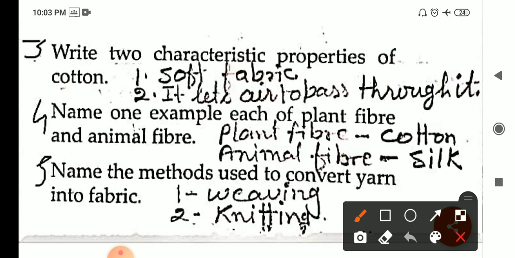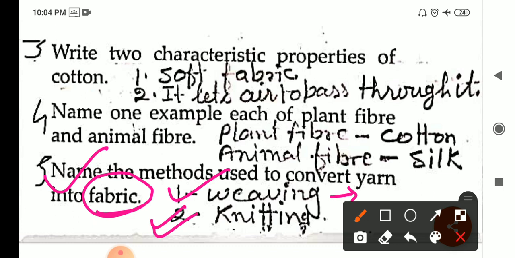Now, next is name the method used to convert yarn into the fabric. Yarn can be converted into the fabric, meaning cloth, by two ways. Either by weaving, which is done in hand looms or in power looms. Hand looms are the ones we run by hand, and the second, power looms, with the help of a machine, from which cloth is made. Then second, it may be knitting.